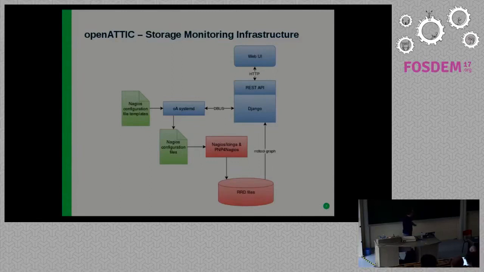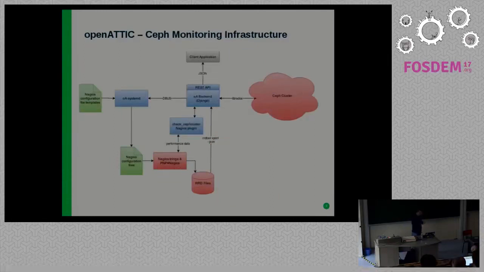PNP for Nagios stores this information in round-robin databases, and then we use the backend to take out that information to visualize it. Right now, this is used with RRDtool, which creates PNG graphs. For Ceph, we are also using RRDtool to export JSON data, and the rendering takes place on the web UI instead of just displaying static PNGs.